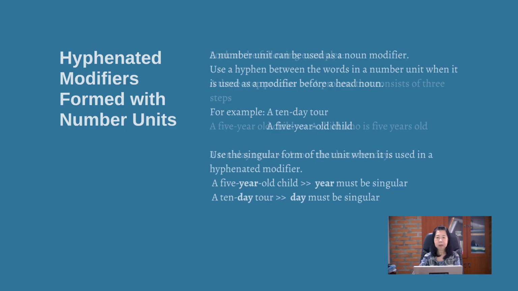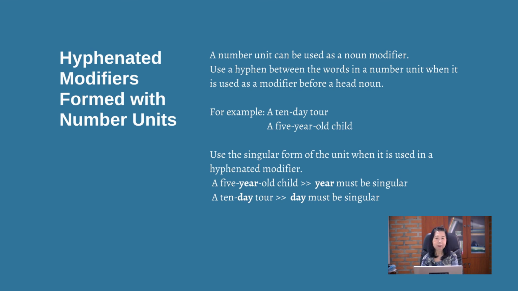Now, what is special with hyphenated modifiers with number units? The special thing that you have to remember is that this number unit is used with a singular form of the unit. A number unit can be used as a noun modifier.